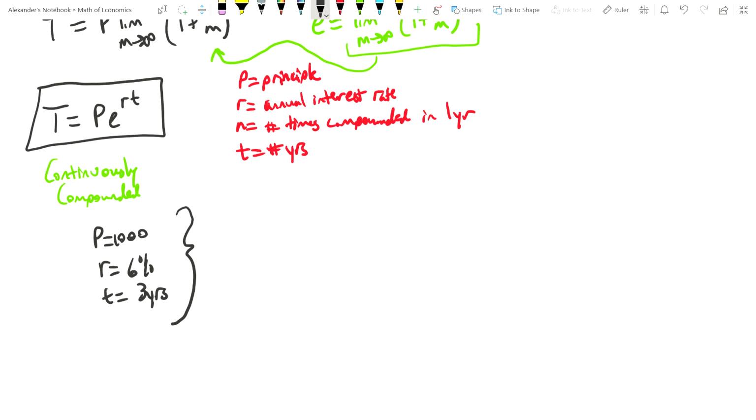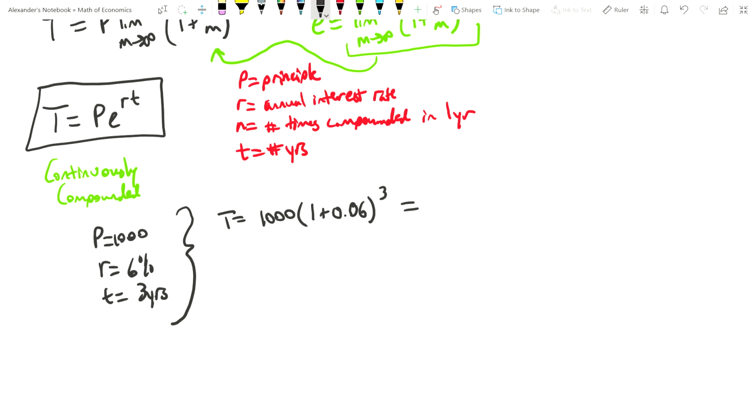Okay. So let's say we compound annually. Our total is simply going to be the principal times 1 plus the interest rate, 0.06, raised to the third, because it's 3 years.